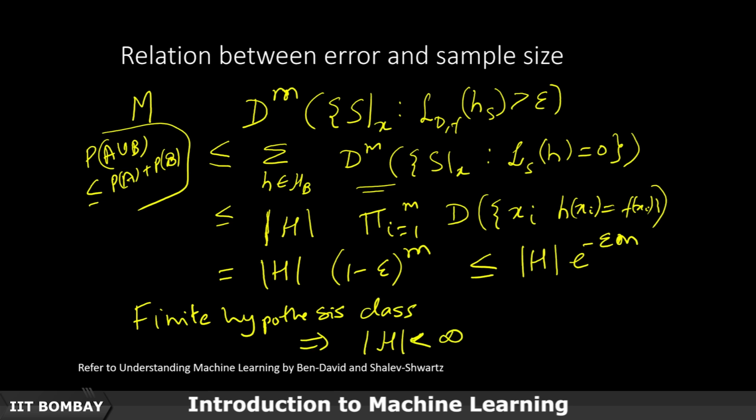So this gives us an idea of the relation between the error that we want and the sample size. They are inversely proportional to each other, and they are related to the size of the hypothesis class through a log of the hypothesis class. So if we want a smaller error, then we better draw a larger sample so that we reduce the probability of drawing a misleading sample.